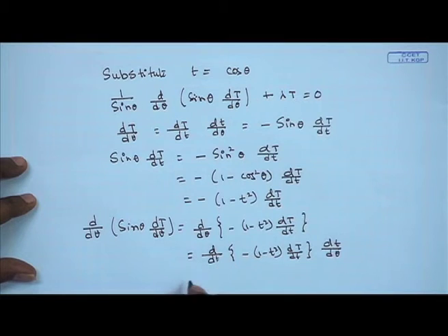So, it becomes minus minus plus. So, it becomes sin theta d dt of 1 minus t square dT dt.